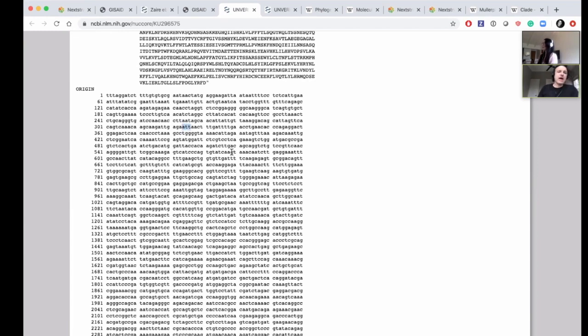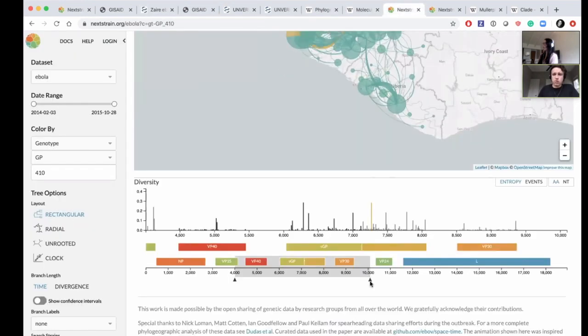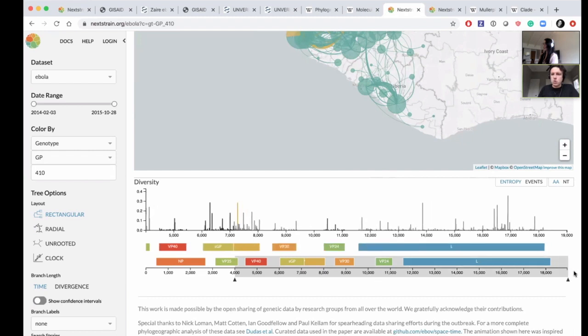I see. If there's a mutation that affects that, it can affect what the virus does and how it behaves. So this is also surveilling, and not all parts of the genome are created equal or of equal relevance to the researchers.